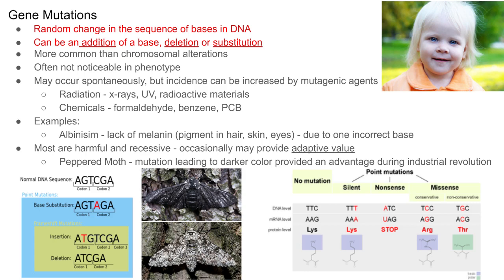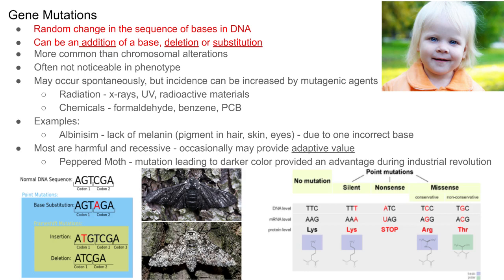And these letters can change. One letter can be substituted for another. A new letter can be inserted into the code. One letter could be deleted from the code. These are all possible changes that can happen.